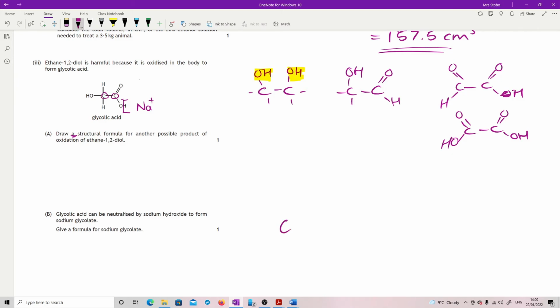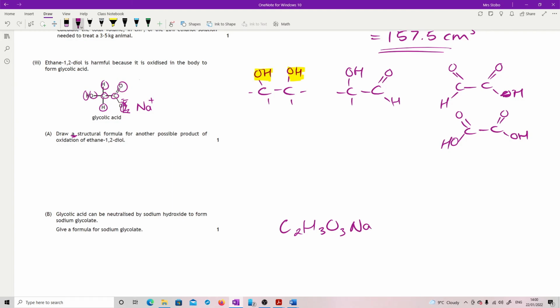Carbons, I have 1, 2. Hydrogens, I have 1, 2. Not this one, this one's gone. 3. And oxygens, I have, sorry, not 2, 3. 1, 2, 3. And a sodium.